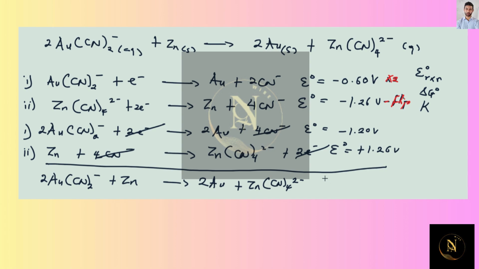Okay, and we need to add the reduction potentials together. So minus 1.20 plus 1.26. So this will be 0.06 volts.